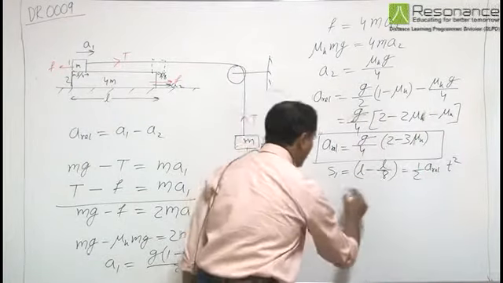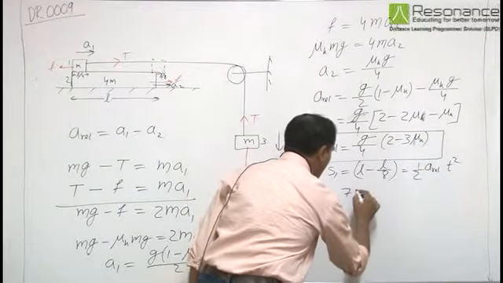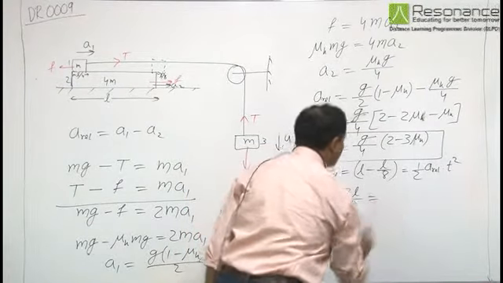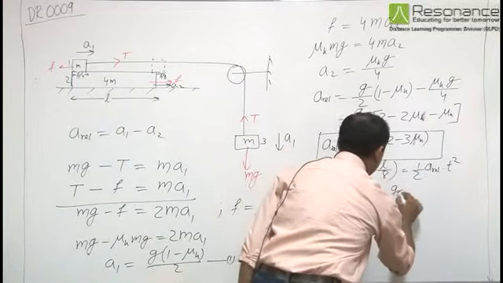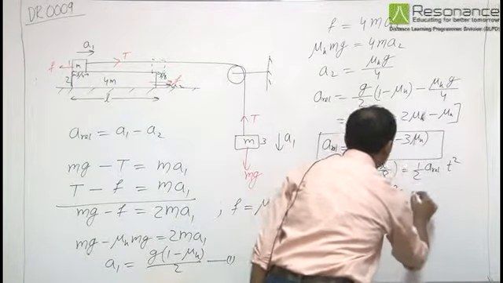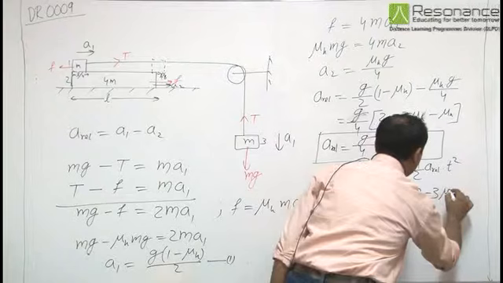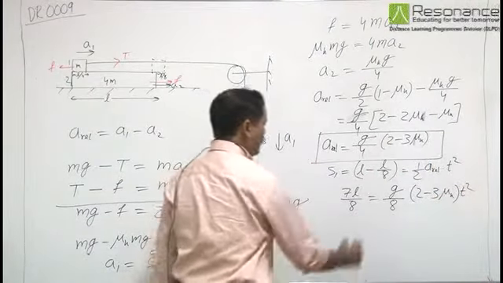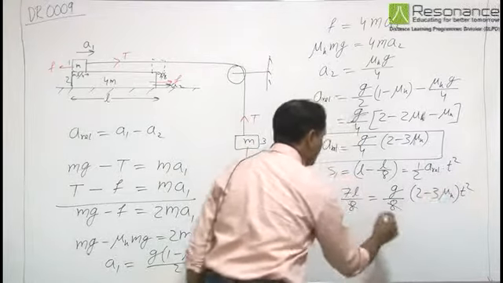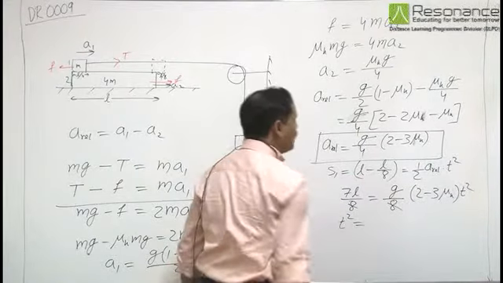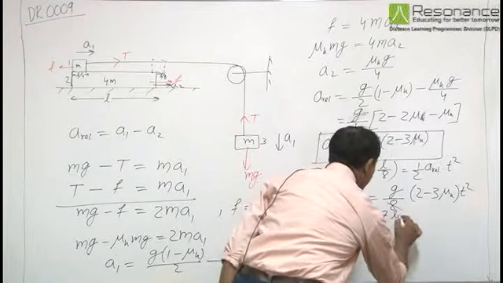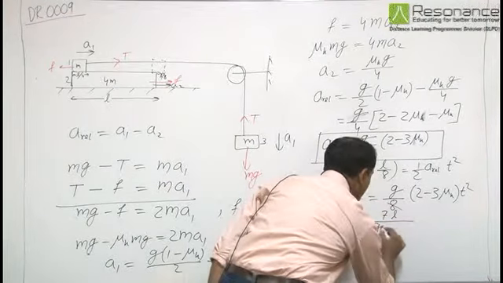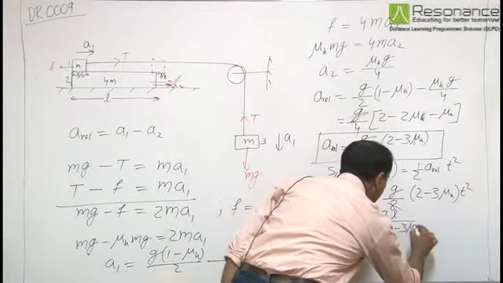So from here we can write 7L by 8 is equal to g by 8 into (2 minus 3 mu k) into t square. So t square is equal to 7L by g into (2 minus 3 mu k).